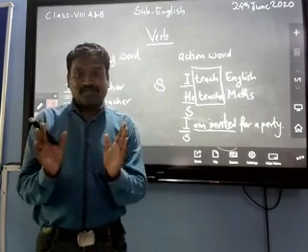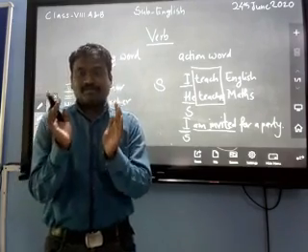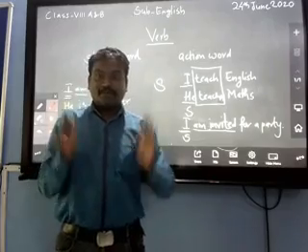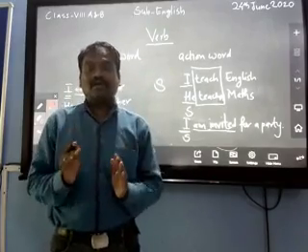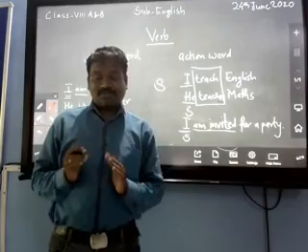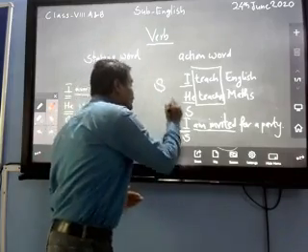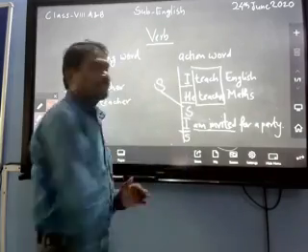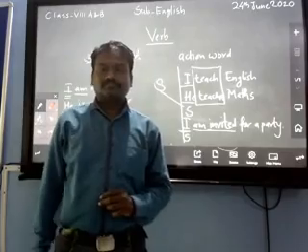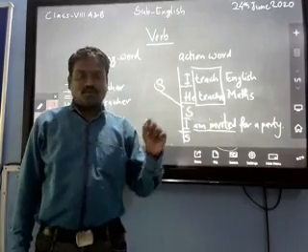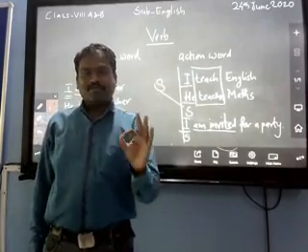So we should not say that the verb is the action performed by the subject. Instead, we must say the verb is an action associated with the subject. That would be correct. So, how could we define the verb?